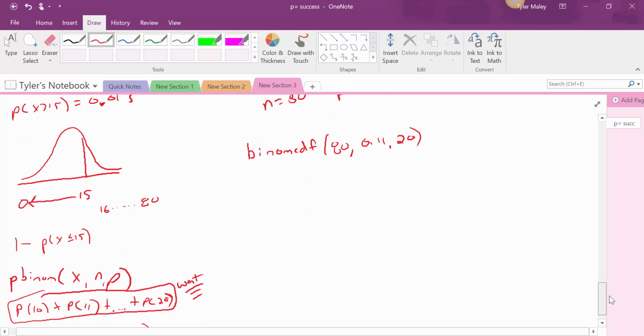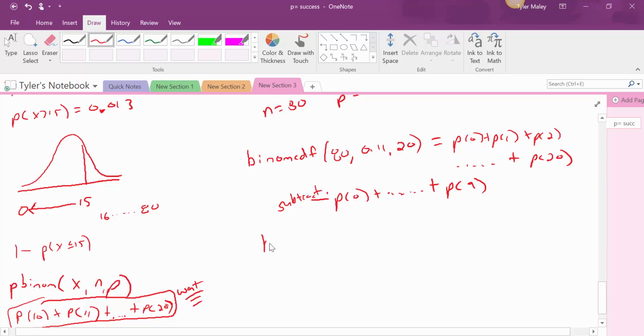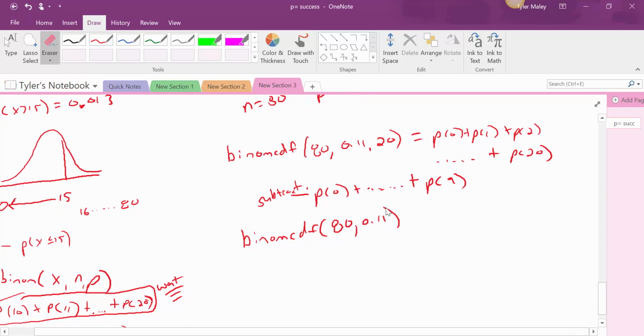Next, we want to find in between 10 and 20. Think about what this does. This gives me probability of 0 plus probability of 1 plus probability of 2 all the way to the probability of 20. That's okay, but I want to get rid of everything from probability of 0 all the way up to probability of 9. This is what I want to subtract off. So I could take the binom CDF of 80, 0.11, and then comma 9.